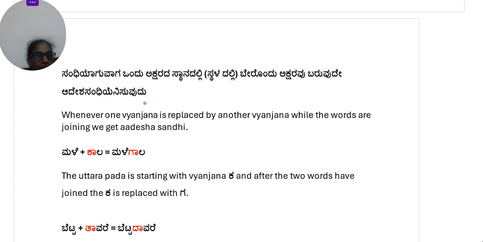If you see an example, you will understand. So here, when we are joining male plus kala, what happens? See, ka has become ga. Ka is replaced with ga, and you will say it as Malegala. The Uttarapada, the second word, is starting with a Vyanjana here. The first word is ending with a Swara, but the second word is starting with a Vyanjana.